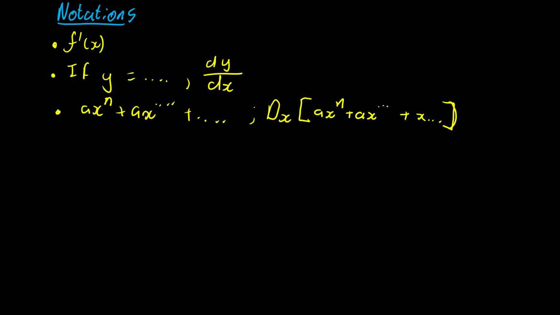If you see f prime of x, or f apostrophe x, I'm looking for the derivative. If you see dy dx, I'm talking about the derivative. Or if you see brackets with a d dx outside, you're being asked for the derivative in terms of x. When I say in terms of x, that basically means you use your x to find the derivative, and everything else you treat as a constant.